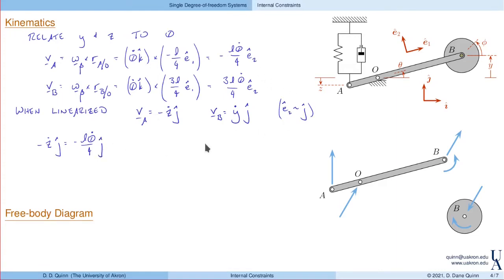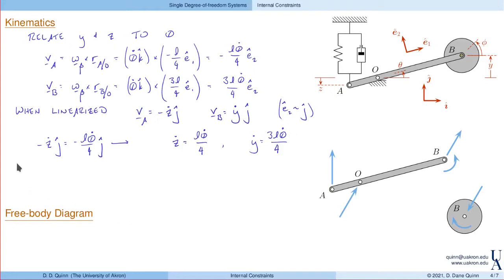Again, E2 is approximately j. So z dot is L theta dot over 4 when linearized. Likewise, we can do the same for y using these two expressions, and we find that y dot is 3L theta dot over 4. So these provide our coordinate relationships, our coordinate constraints between z and y and theta.